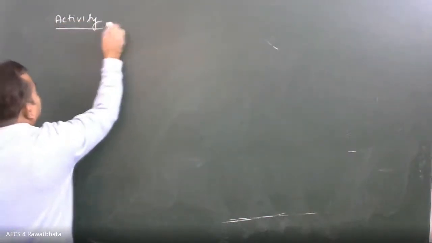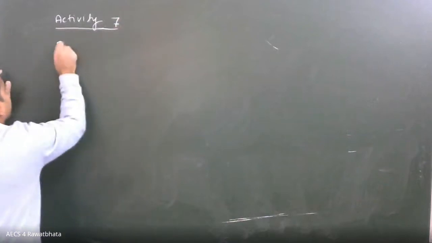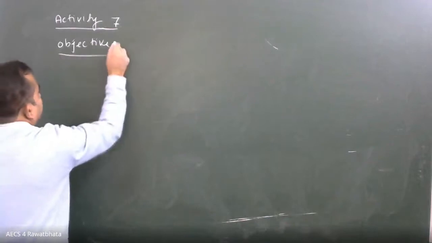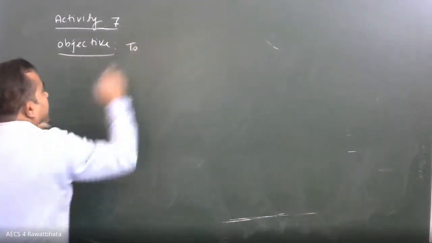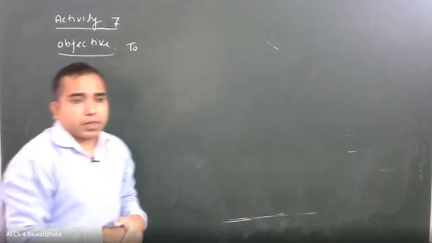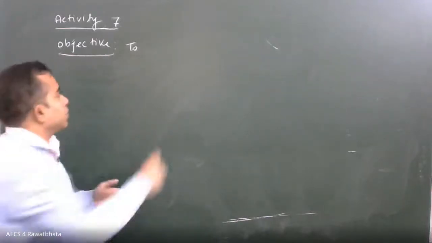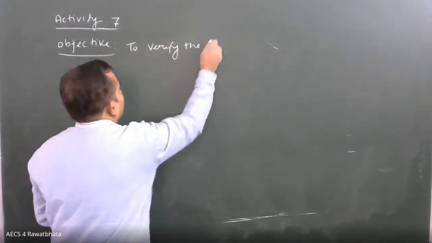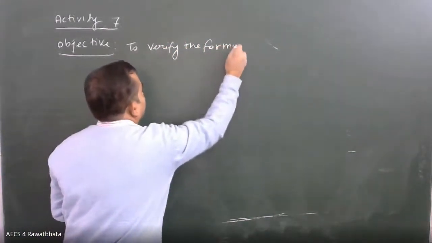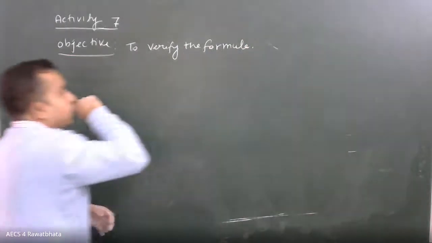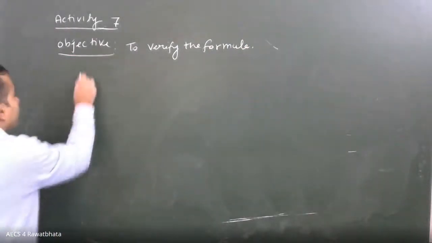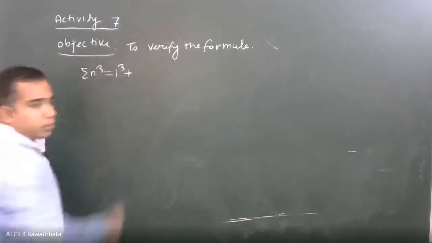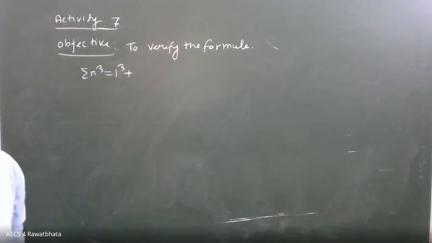Activity number 7. Objective: this activity is associated with the sequence and series chapter, to verify the formula for summation n cube. Do you remember the summation n cube formula? Somebody is there? Tanmay, Meena, will you tell?